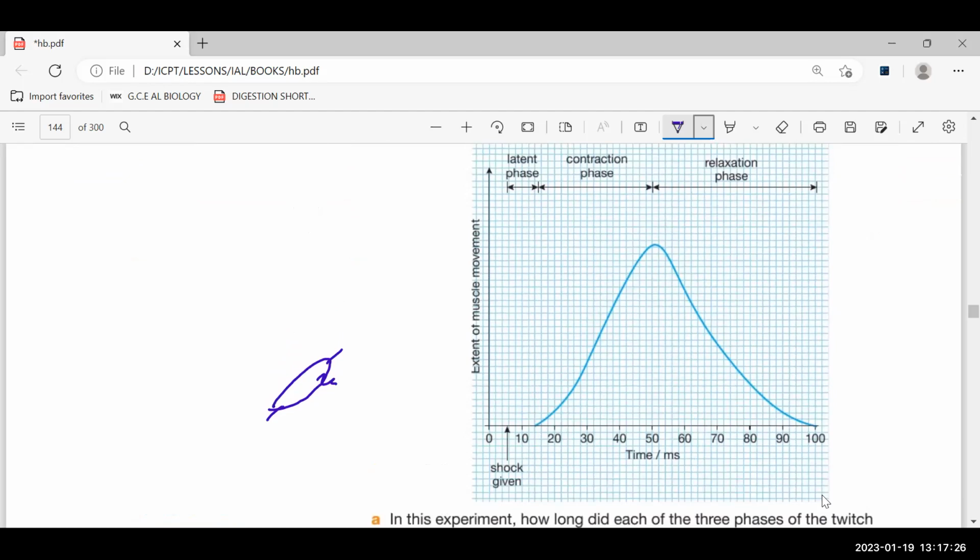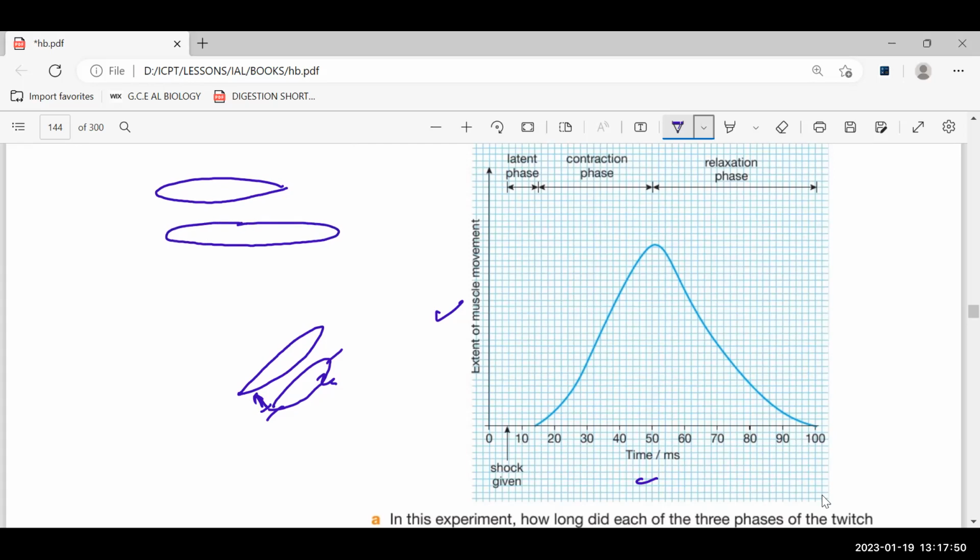Muscle movement. This is the extent of muscle movement, and this is time. That means the muscle can change like this. Before stimulation it is like this, and after stimulation it is like this. So the muscle movement increases and then decreases.